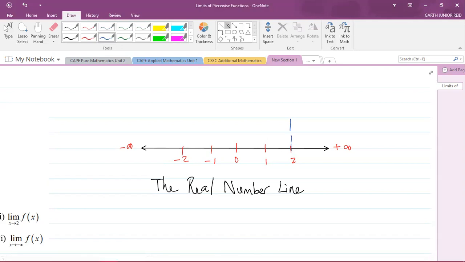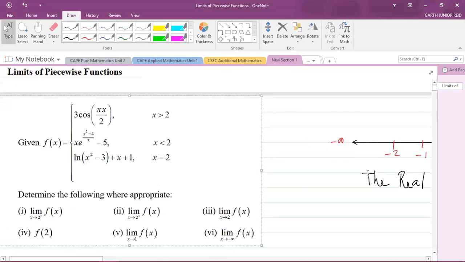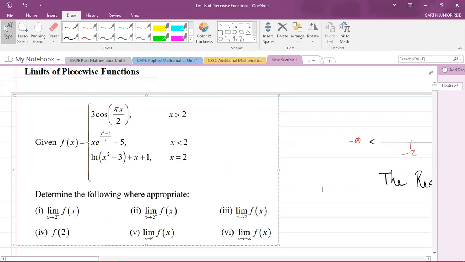Now, when we approach a value in maths, we can either approach it from the left-hand side or from the right-hand side. So you should know that.